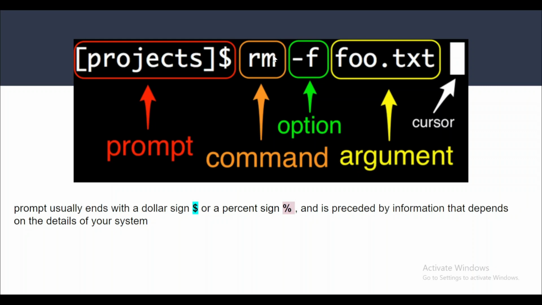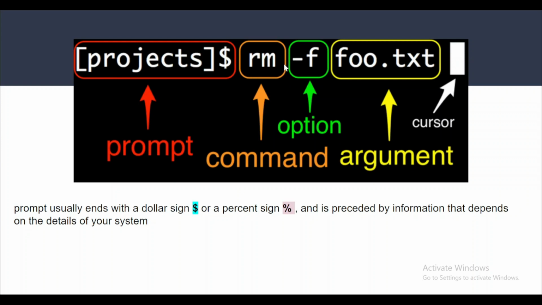What you want to remove you will provide as an argument coming next. So this rm is a command. There will be an option, like what option you want to apply. Here I'm applying -f, and after -f you will have an argument. Within the argument I'm providing a file name, that is fw.txt, and there will be a cursor, like if you want to add some extra information you can add it.